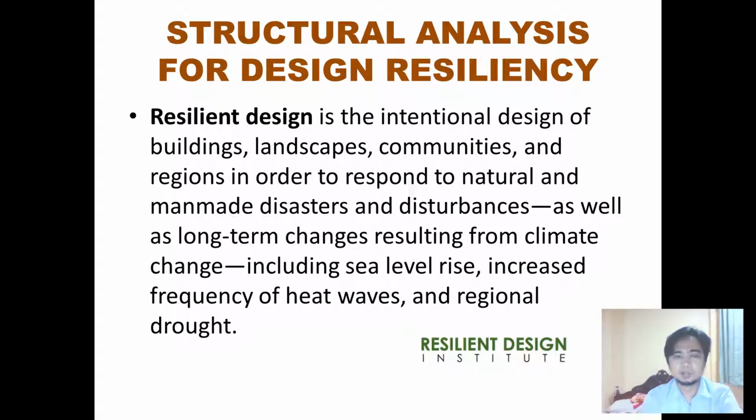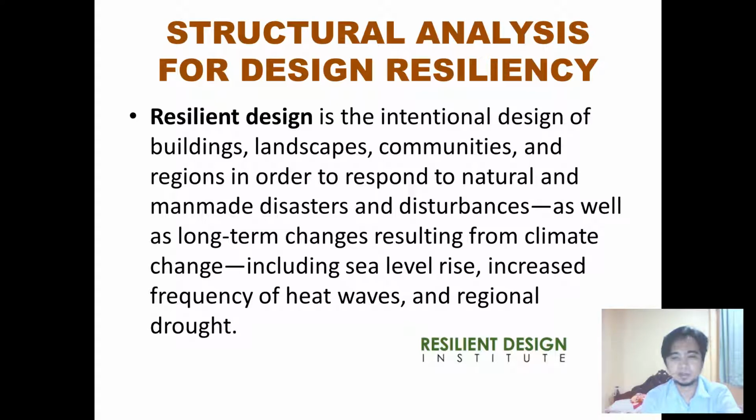So, if we could only incorporate all of the criteria set by the code on these man-made disasters or natural disturbances, then we will be having a resilient design, meaning your structure is adaptable to these disturbances and disasters.